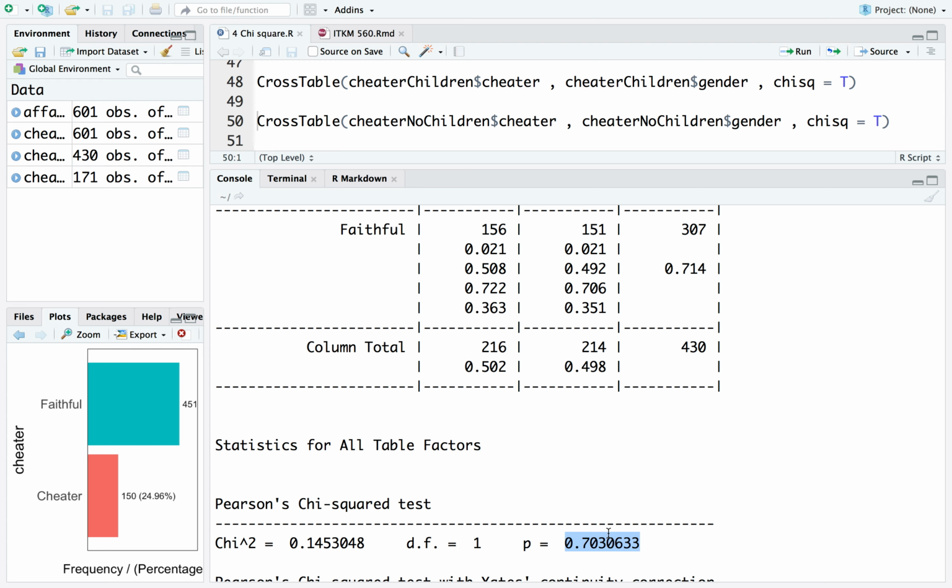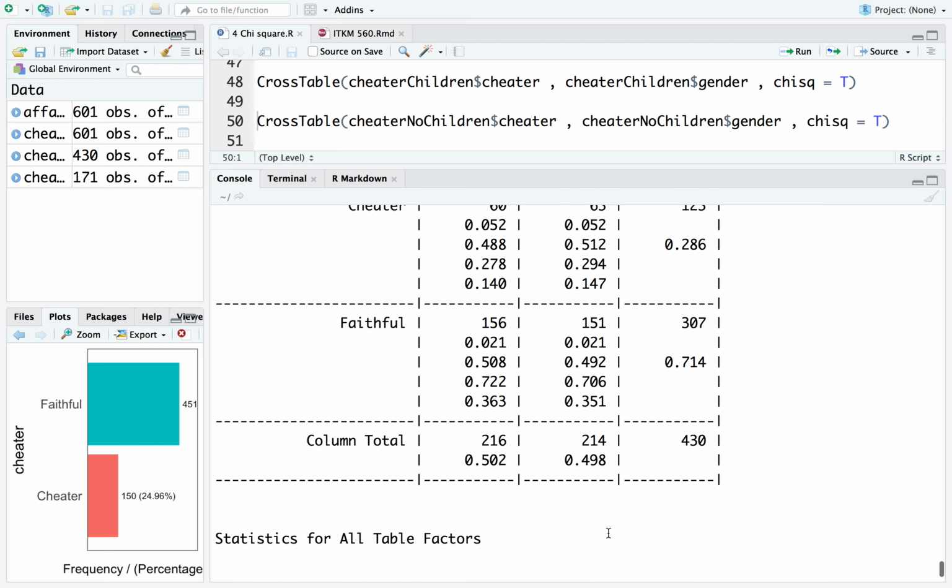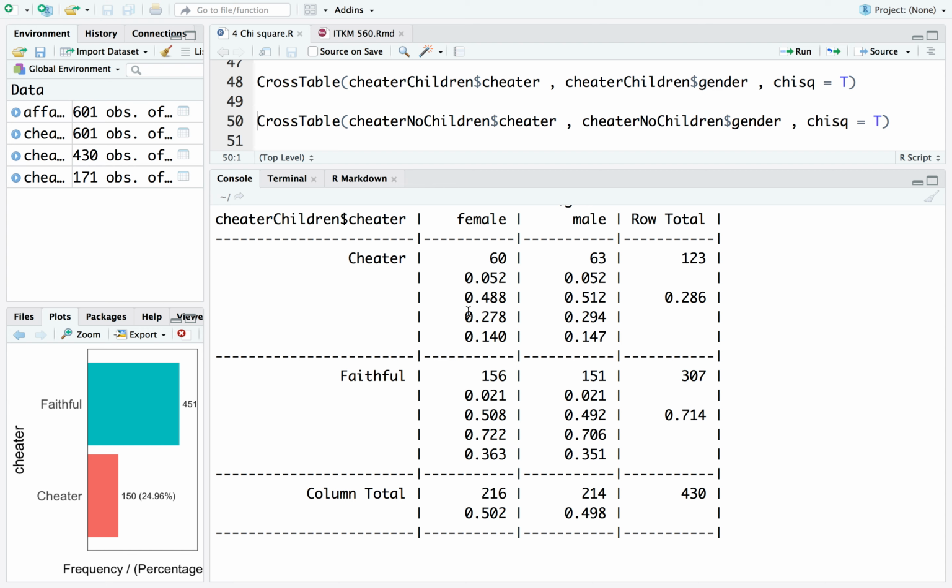They both seem to cheat. Let's take a look at our column statistics. If we look at just females, 27.8% of females cheat. 29.4% of males cheat. So they seem to cheat all the same. These numbers are quite similar, so our chi-square test came out as not significant.